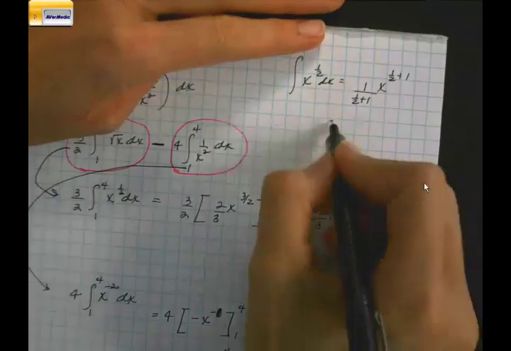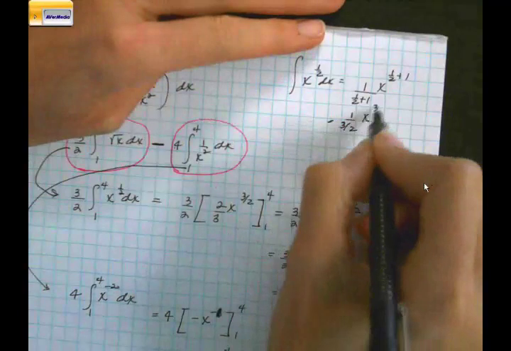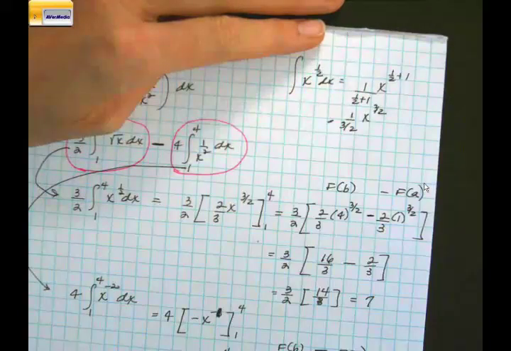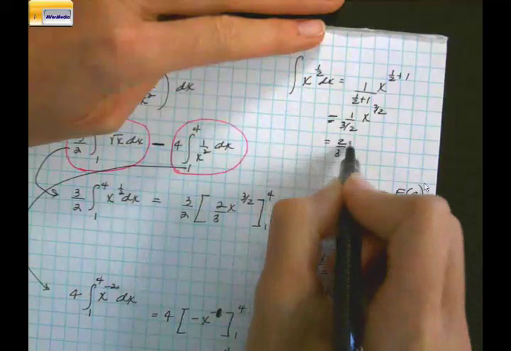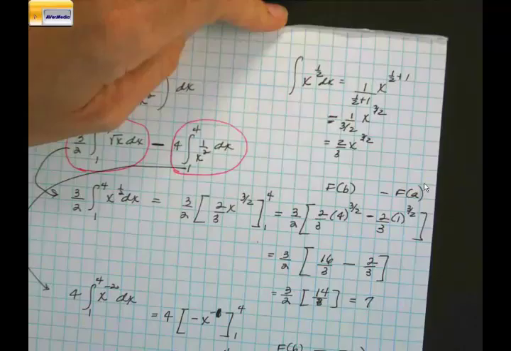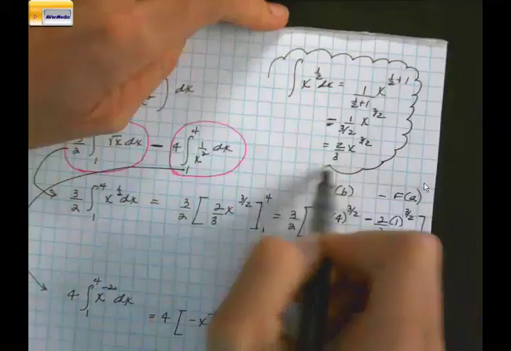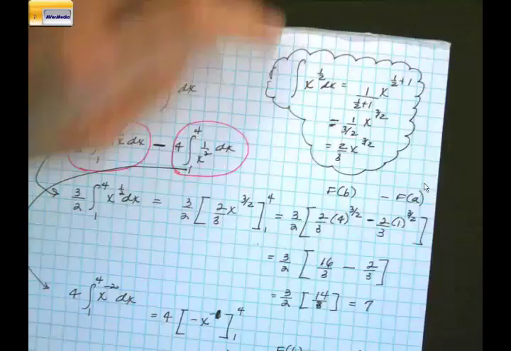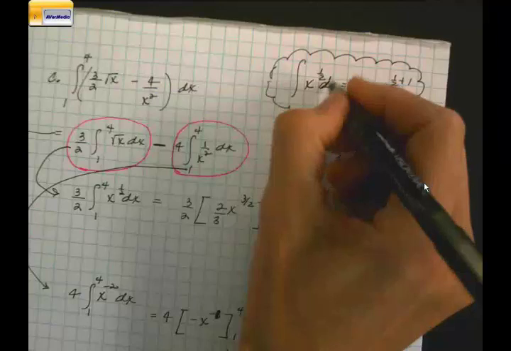So this equals 1 over 3/2 x to the 3/2. And then 1 over 3/2 is 2/3. So you're having to take a complex fraction and play around with it a little bit.